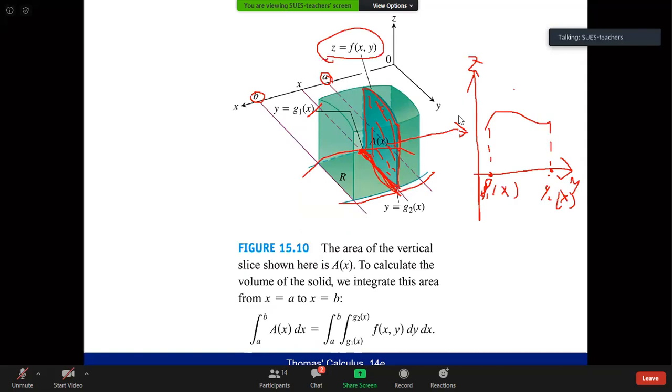But the area here always depends on this part. So when you fix x, for this small area, z is equal to f(x0,y). Now you understand. As long as x is fixed, the area of this small slice is also fixed, and then you know how to do this.